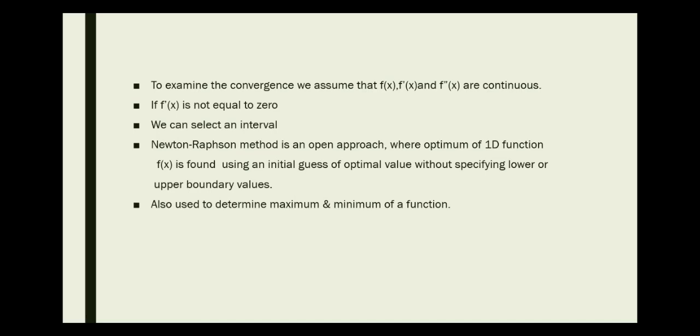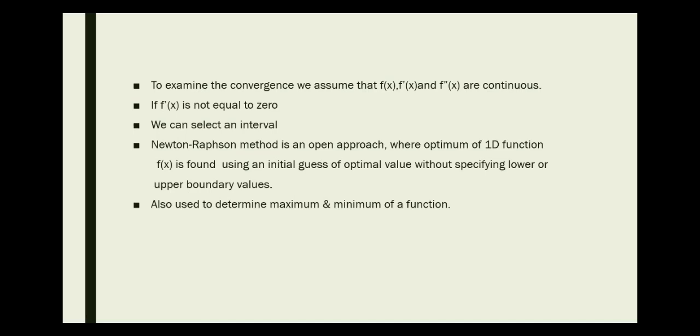To examine the convergence, we assume that f(x), f'(x) and f''(x) are continuous and bounded on any interval containing the root x = lambda of the equation f(x) = 0. If lambda is a simple root, then f'(x) is not equal to 0. Further, since f' is continuous, |f'(x)| is greater than or equal to e for some e greater than 0 in a suitable neighborhood of lambda.